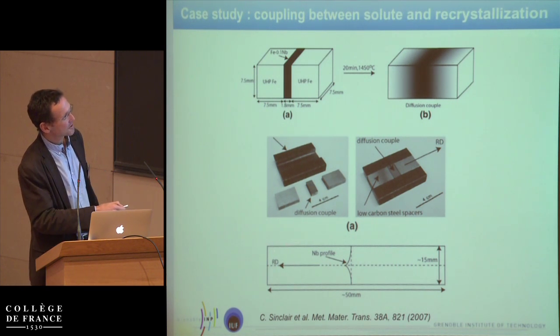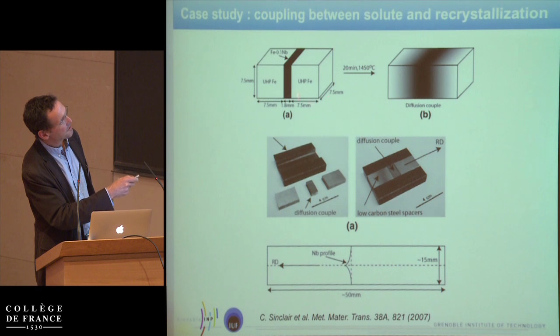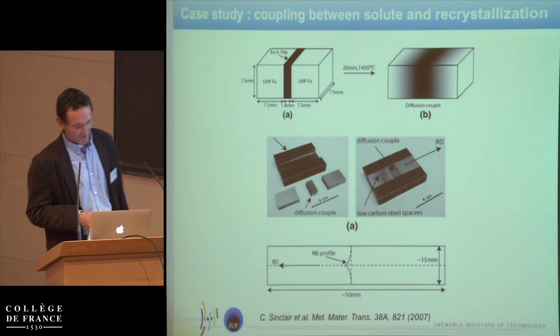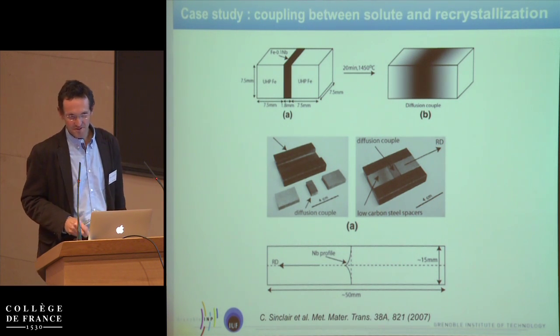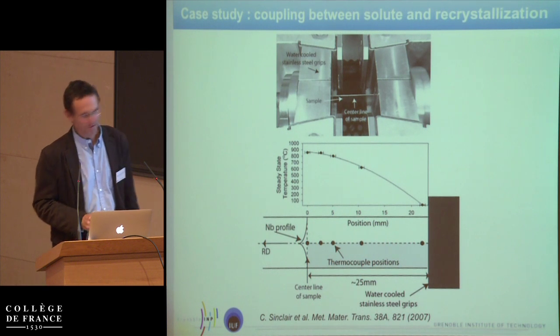And then you've got a rolled diffusion couple with a diffusion profile, which is symmetric here because you had a layer of high solute alloy in between two pure alloys. So that was not sufficient to have this diffusion couple. They wanted to have another variable, and the other variable was temperature.